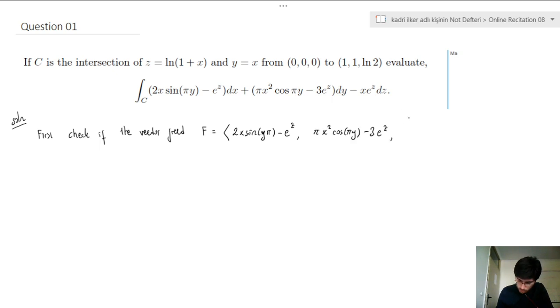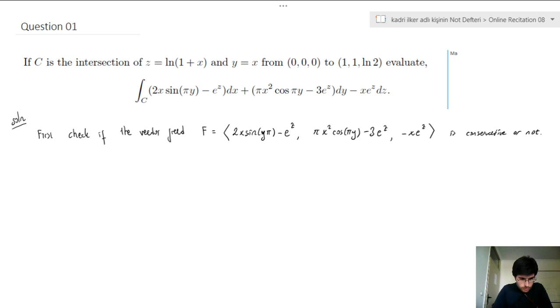And then the third component is this. We have to check whether this vector field is conservative or not.